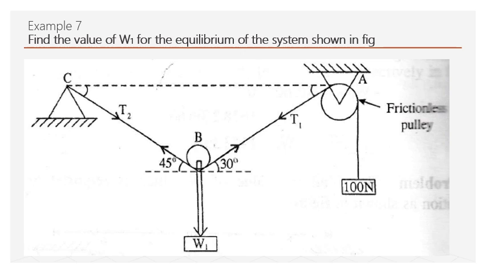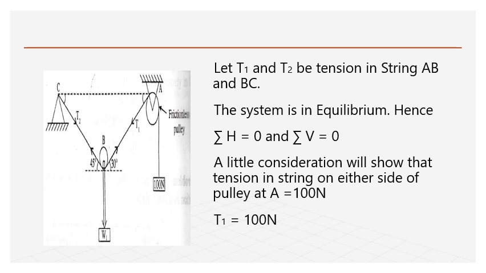T2 is inclined at angle 45 degrees. T1 is inclined at angle 30 degrees. Let T1 and T2 be the tensions in the strings AB and BC. What we can see here is again the string AB is passing over the frictionless pulley.